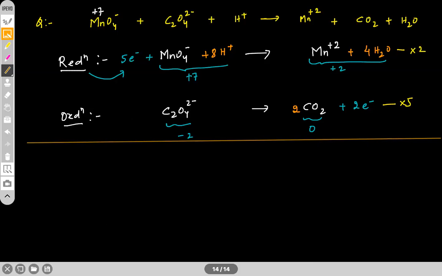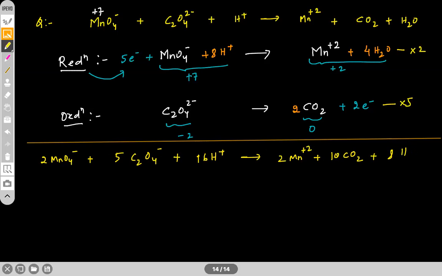Now when you multiply by 2 here, you will get 2 MnO4 minus plus 5 C2O4 2 minus plus 16 H plus gives 2 Mn plus 2 plus 10 CO2 plus 8 H2O.